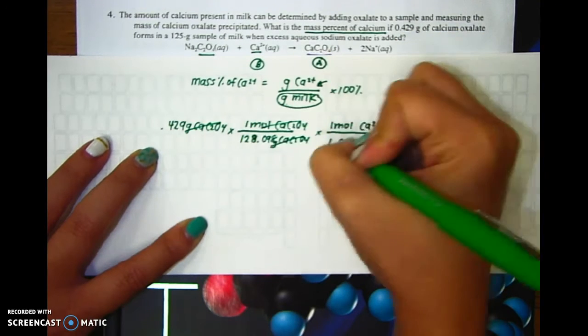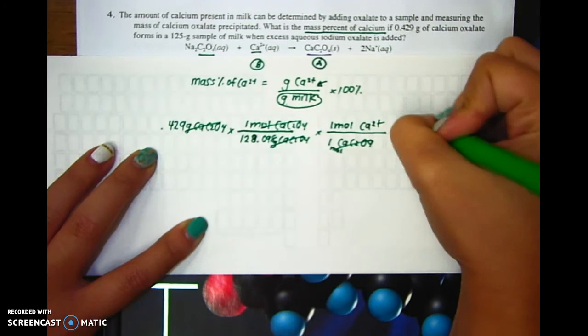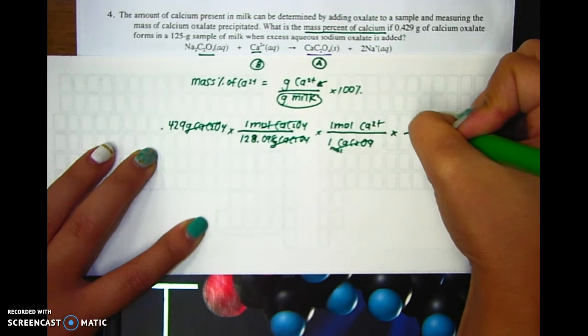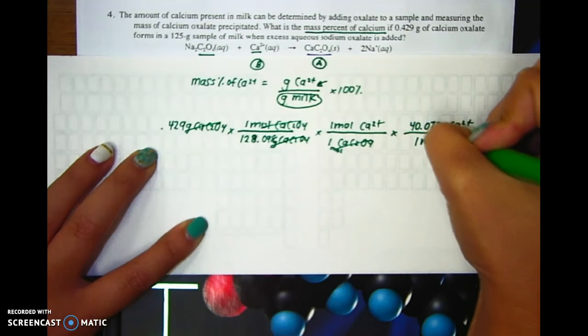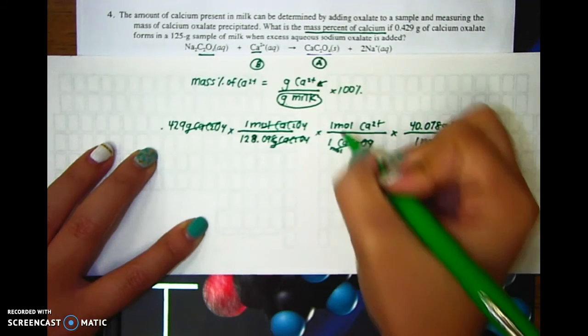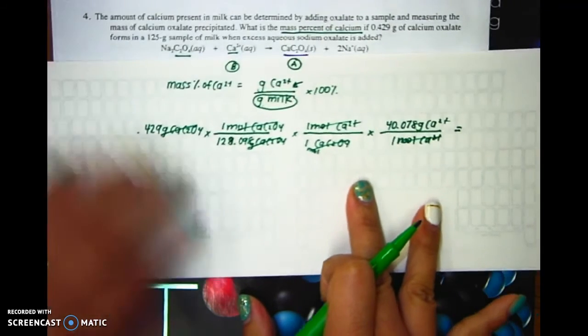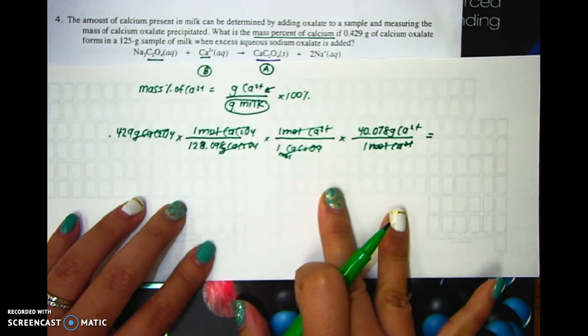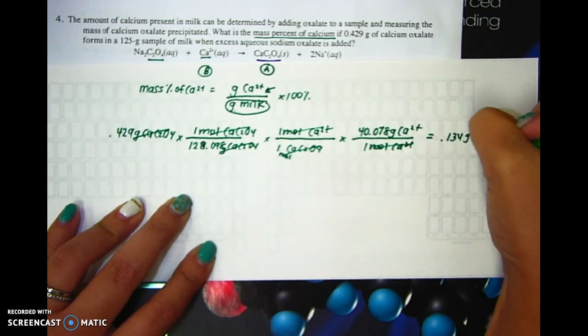Again, these cancel. And I just want to take it out to grams: 40.078 grams of calcium in 1 mole of calcium. And if you work this all the way through, we're going to wind up with 0.134 grams of calcium.